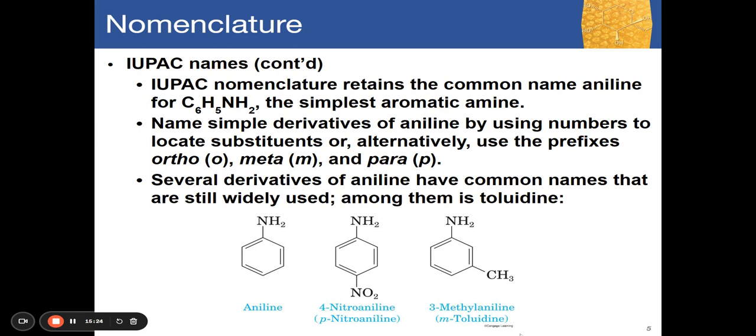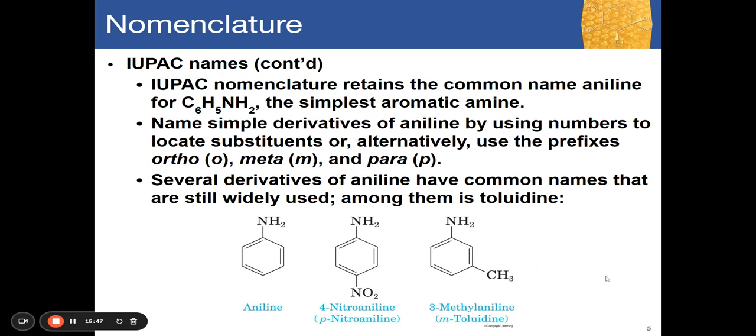Okay, so maybe you'll be asking about this common naming, ma'am, why is it m-toluidine instead of m-nitroaniline? Okay, I'll discuss later, and of course, I'll send you a copy of a hierarchy for this one. For the hierarchy, the toluidine will be at the topmost.